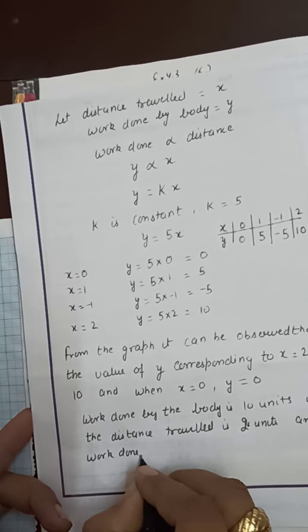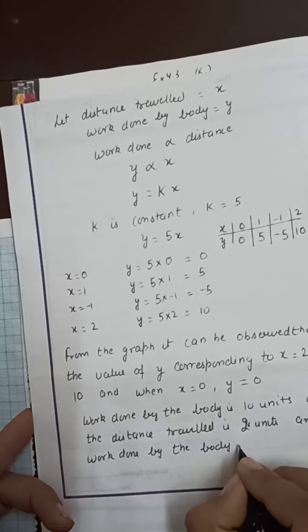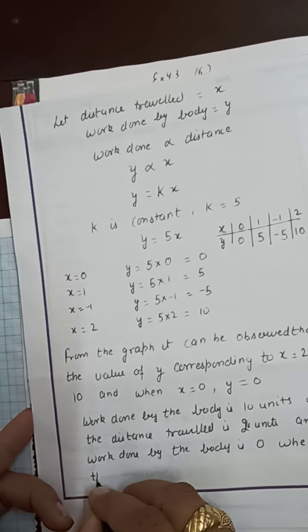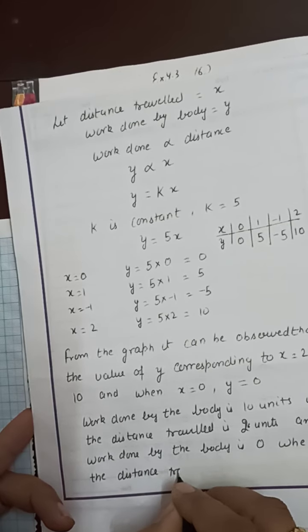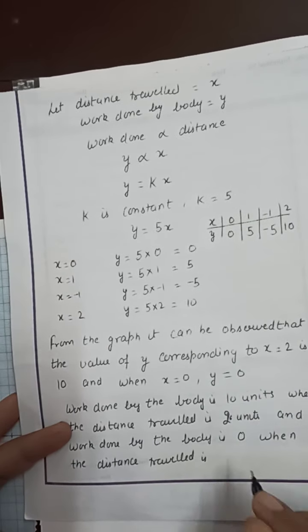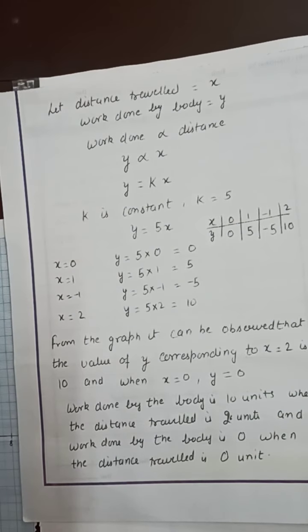Work done by the body is 0, means no work done when no distance traveled, when the distance traveled is 0 unit.